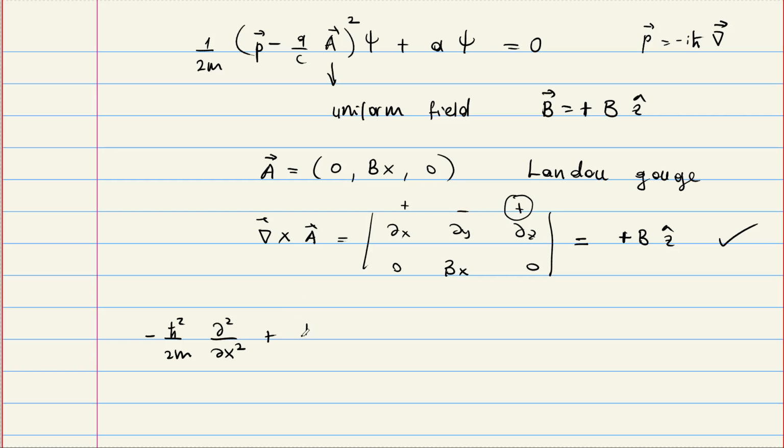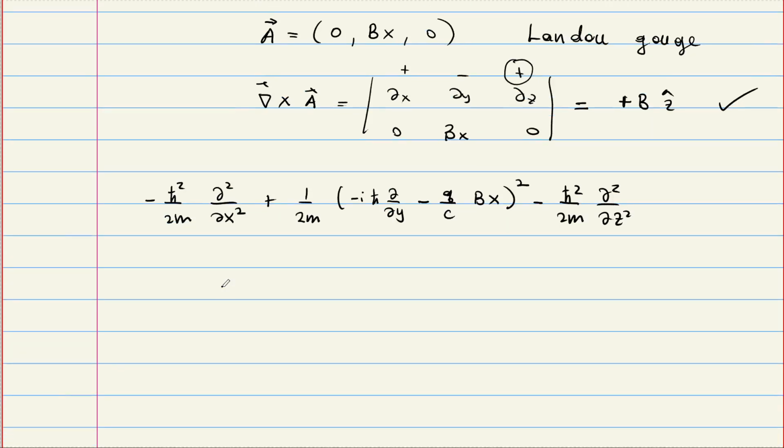It's going to be 1 over 2m, minus I h bar del y minus q over c bx, squared. And lastly, the z component. There is nothing there, so this is h bar squared over 2m del squared del z squared. And this entire thing is acting on psi.